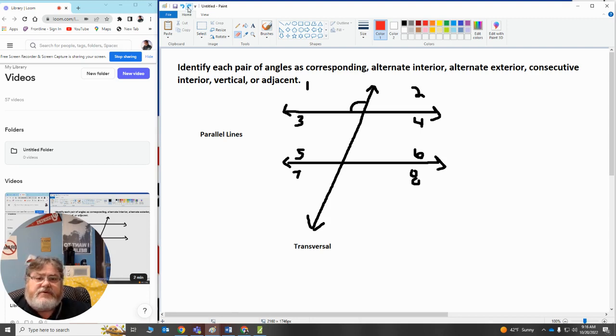Okay, now the first pair of angles that we're going to identify is a corresponding angle.